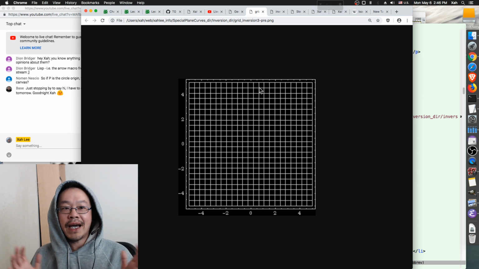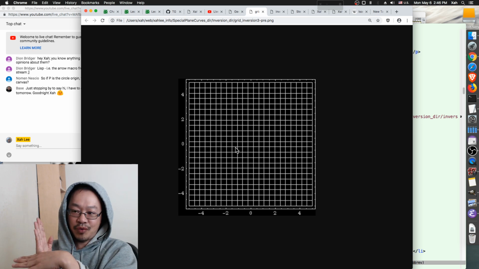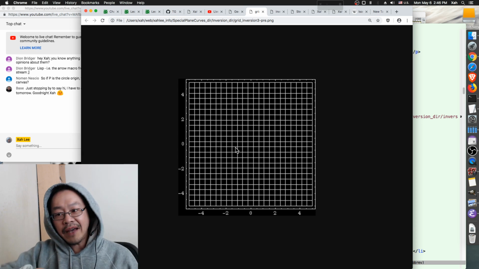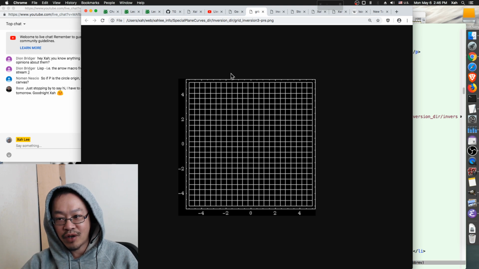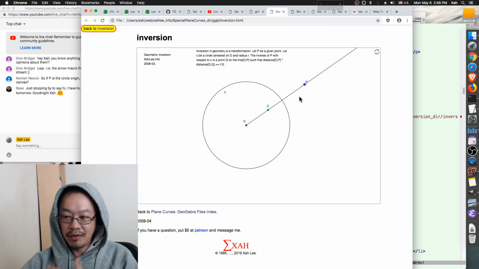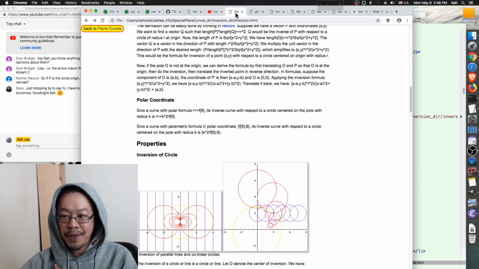So what do we mean by angle? For example, in this picture we have lines, and they form 90 degrees. After we apply this geometric inversion, for every point on the grid, not just the cross intersections but every point, we get a new picture.